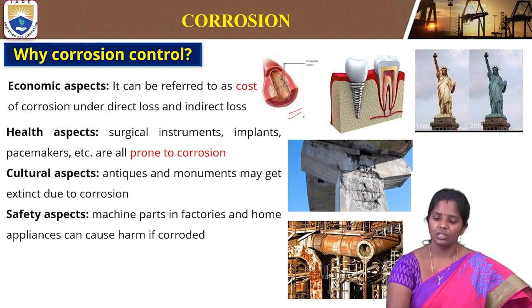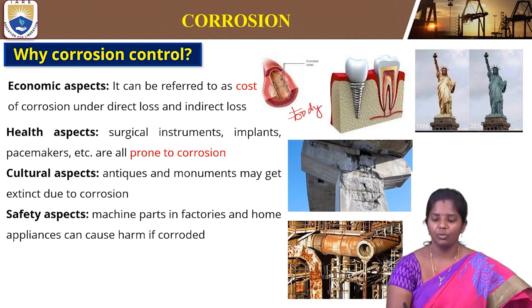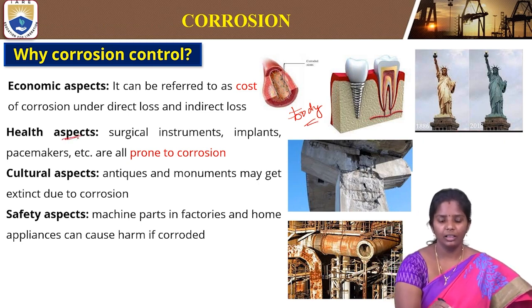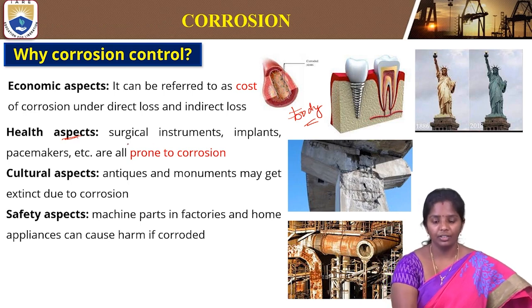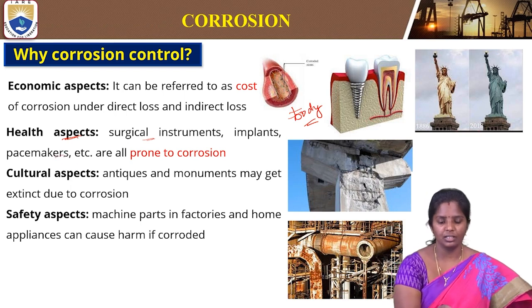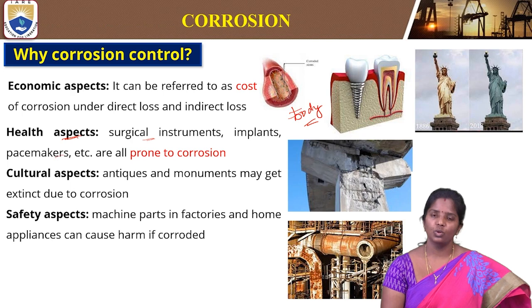If these metals get corroded, that will cause damage to the human body. It will affect health in many ways, because there will be bleeding. It is also used in surgical instruments, implants, pacemakers, etc. So we should take care that metals do not corrode. Metals have to be controlled against corrosion.